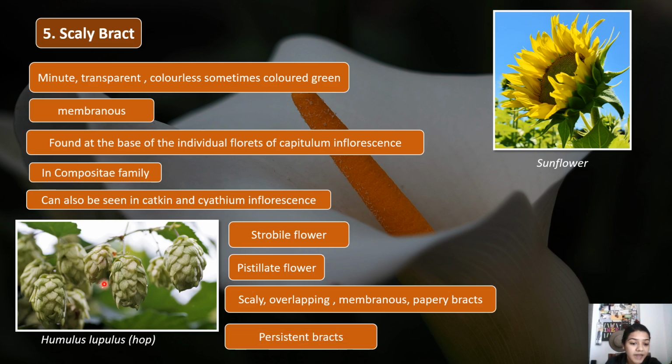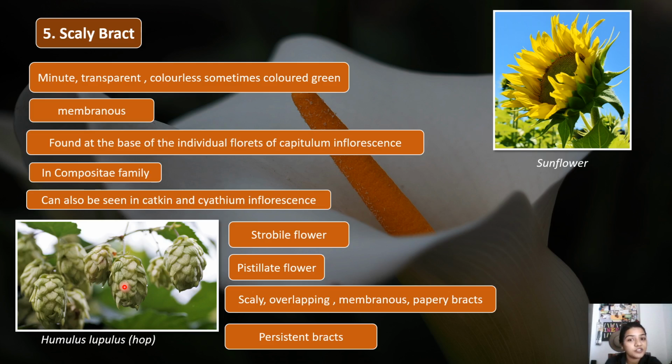And these bracts that you see are the persistent bracts. Persistent bracts means these bracts will remain for a long time. Bracts can also be deciduous or persistent. When the bracts are deciduous, by deciduous we mean that they will drop off at an early stage, right?